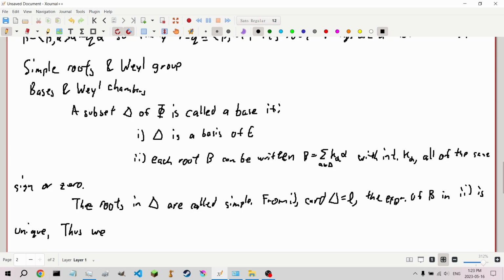Thus, we can define the height of a root relative to delta as the sum of its scaling factors from above.